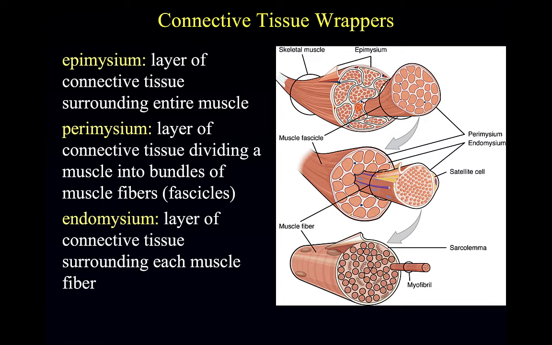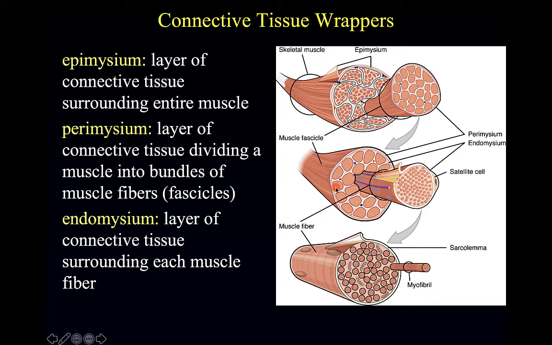So again, epimysium is around a whole muscle, perimysium is going to be around fascicles, and then we're going to get even deeper in here. Each muscle fiber, which is a synonym for a muscle cell, is going to be wrapped up by endomysium. So the endomysium is this layer here around this single muscle cell. We can see here that here is a single muscle cell or muscle fiber. There's another one, there's another one, there's another one.